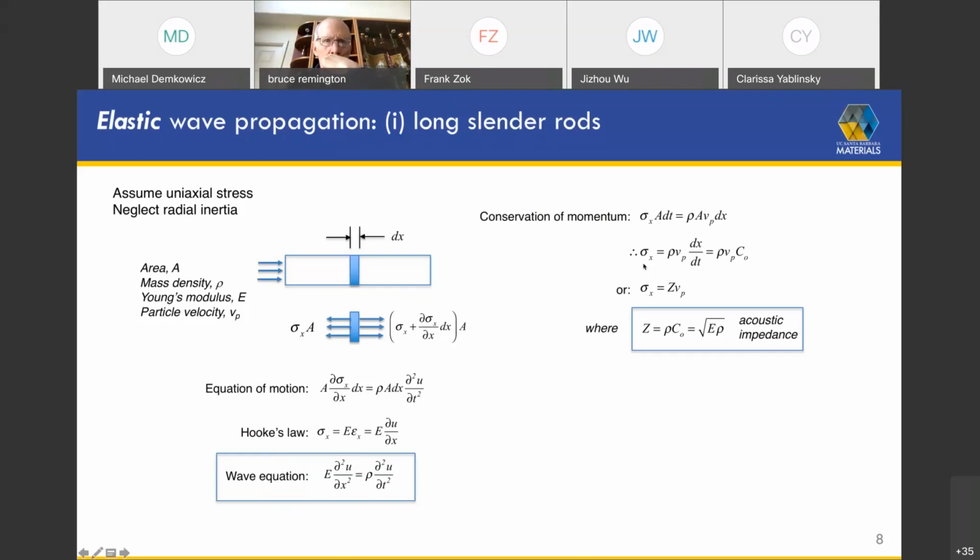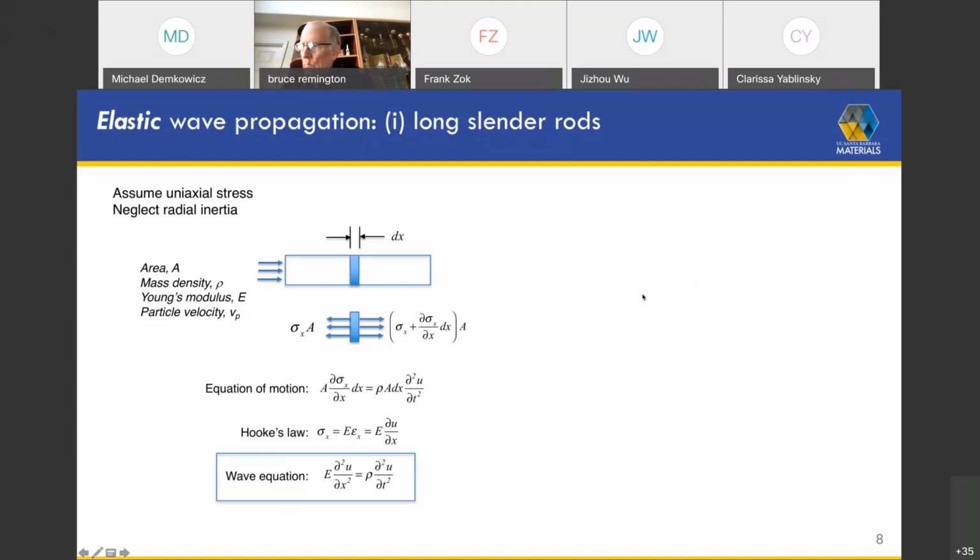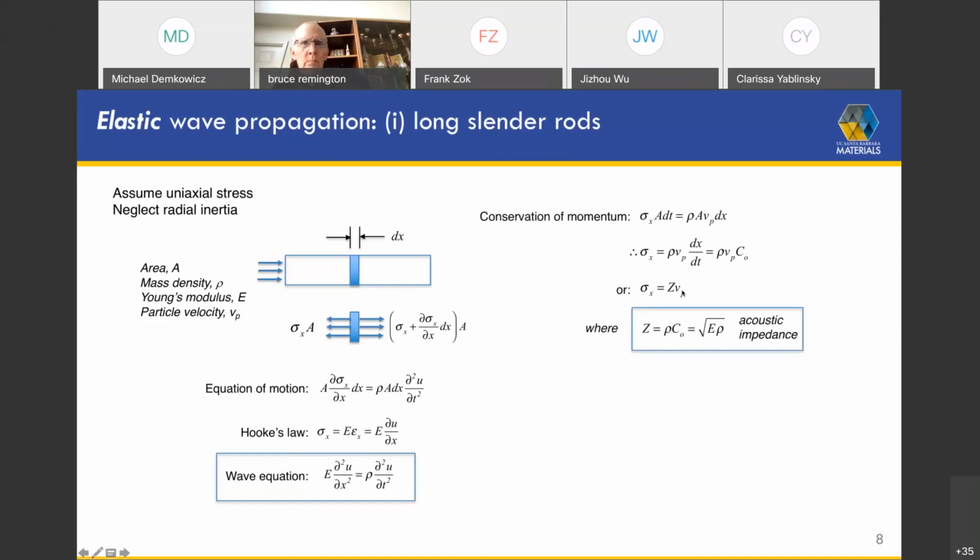Rearranging, we get then that the axial stress is rho Vp times dx/dt, where we recognize that dx/dt is simply the speed at which the wave is moving through the body. That's denoted here as C naught. We can equivalently write this stress, taking these two, the rho and the C naught out, and we call that product the acoustic impedance, so that the stress is proportional to the particle velocity through this proportionality, notably the acoustic impedance.